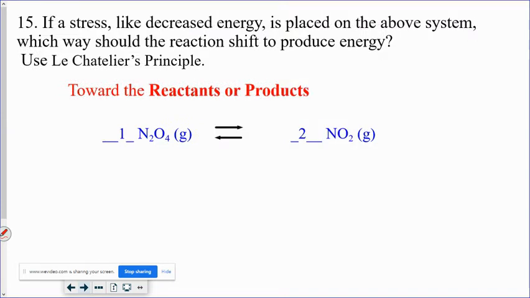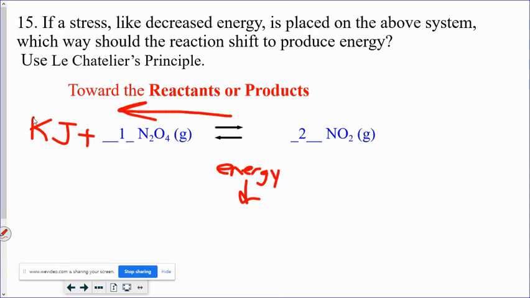So if a stress like decreased energy is placed on the above system, which way should the reaction shift? So if kilojoules are over here and the energy is reduced, energy goes down, it's going to shift to produce more energy, and it becomes more colorless.